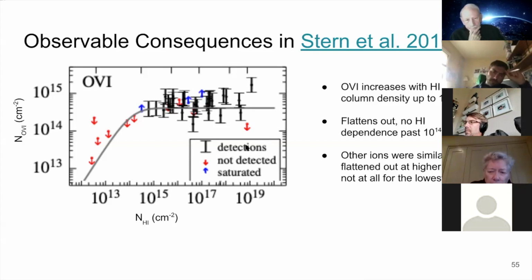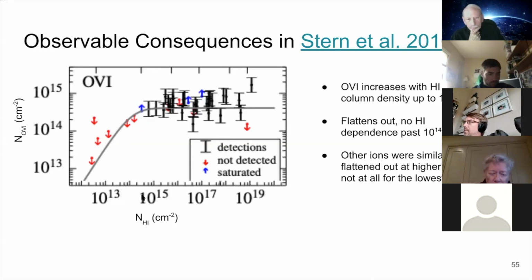So the consequences of this are shown here: this is oxygen 6 column density versus H1 column density. The point is, below some critical H1 column density, you have not gone through the cloud you need to get oxygen 6. Above that density, you have gone through that cloud, but you don't get any more.